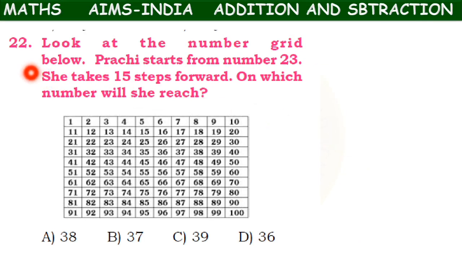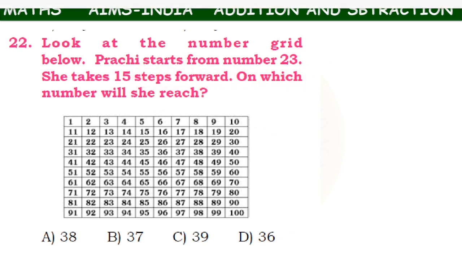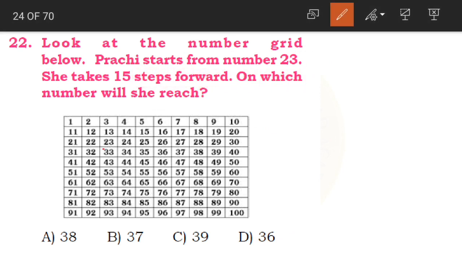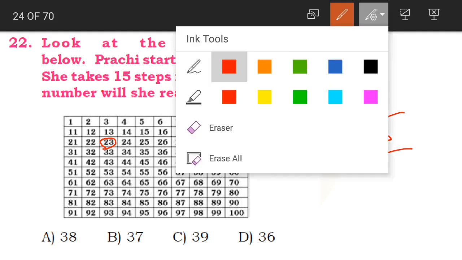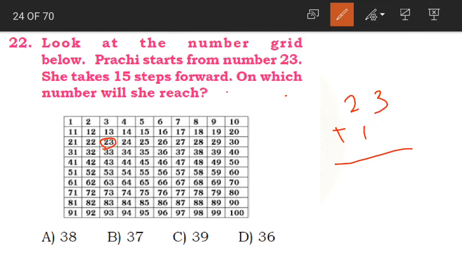Coming to the next question. Look at the number grid. Prachi started from number 23. Now she takes 15 steps forward. On which number will she reach? There are two ways to solve this question. First, you should add 15 to 23. 3 plus 5, 8. 2 plus 1, 3.